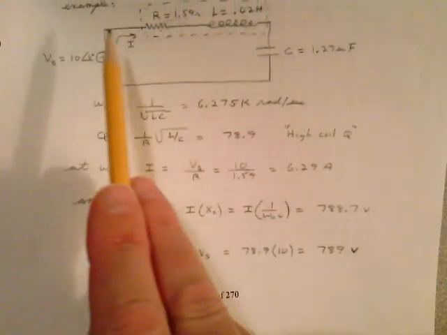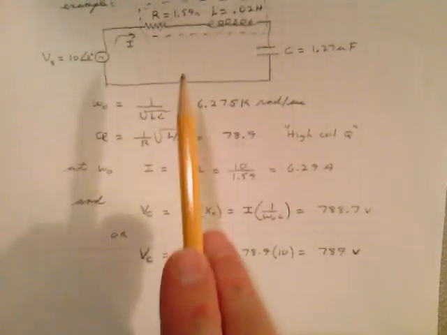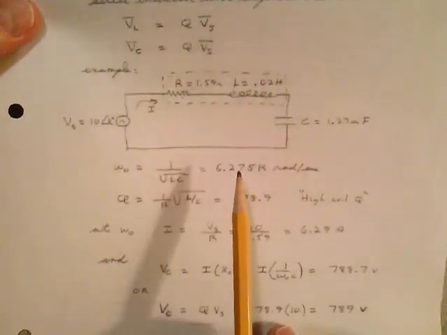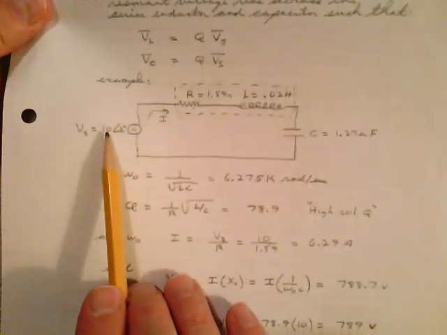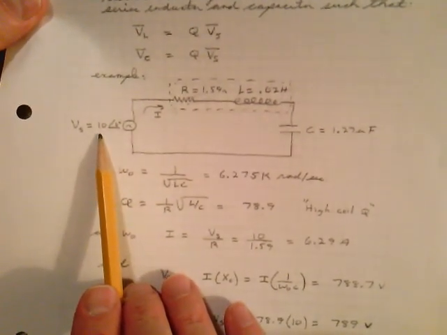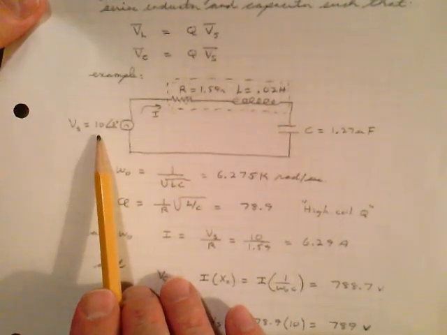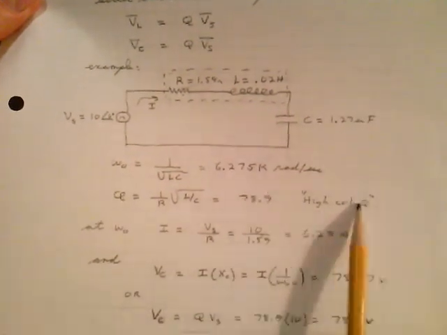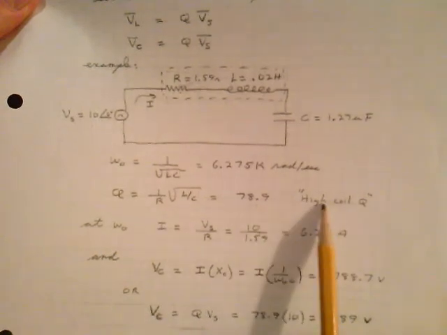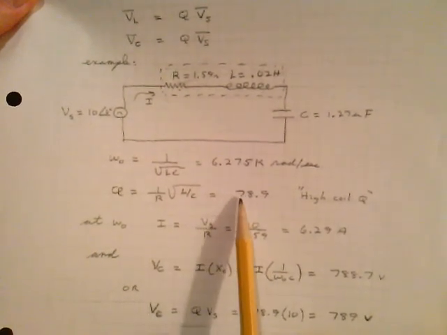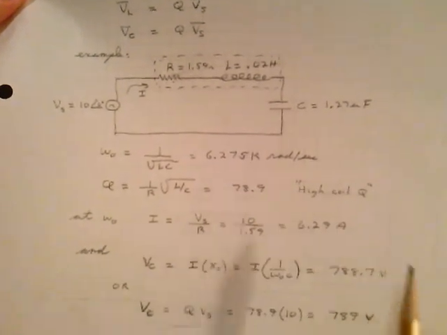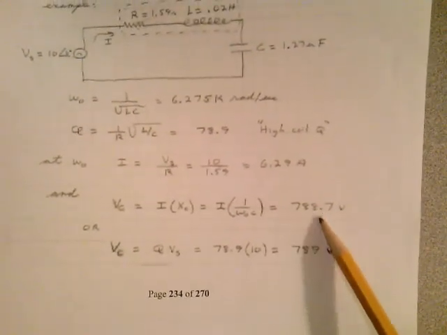But the purpose of running this exercise is recognizing the fact that we have a 10 volt peak here, and this value of Q being so high, a high quality coil, 78.9 is considered high. Look at those voltages we end up with.